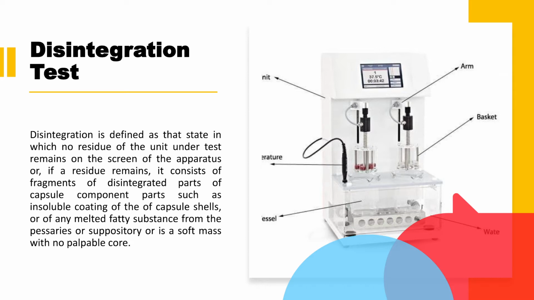So what are the important things to be considered here? First is the temperature conditions, and the medium in which we have to carry out the disintegration. We have to understand the assembly. We have to understand how many cycles it needs to go up and down to have a uniform result.